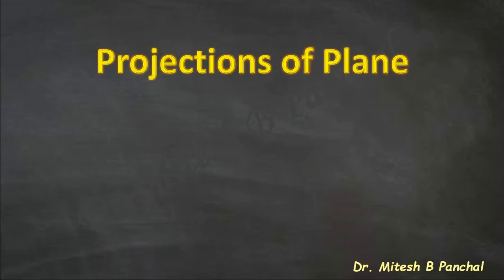Generally, in the subject engineering drawing or engineering graphics, the common planes which are considered are the circle, triangle. In triangle, we can consider an equilateral triangle, isosceles triangle, or a triangle that represents the 30 degree, 60 degree set square.